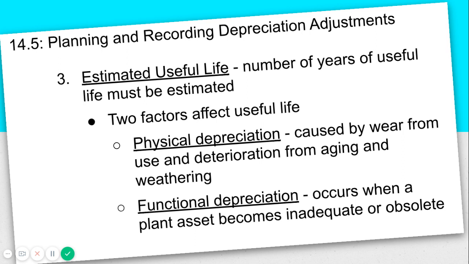There are 2 factors in this case, physical and functional. Physical depreciation is caused by wear from use and deterioration from aging and weathering. Functional depreciation occurs when a plant asset becomes inadequate or obsolete.